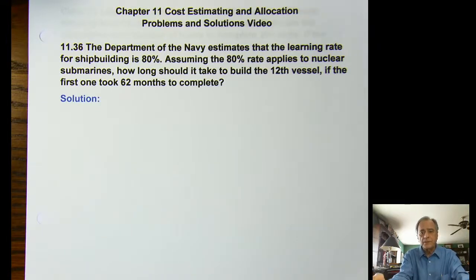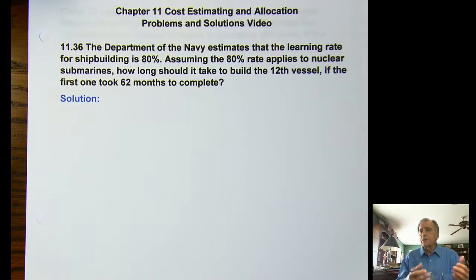One is from the back of the chapter, and the other one is from Lecture 22 notes, or Class 22 notes, where I described learning curves and listed a number of problems of my own design. So this first problem, though, is at the end of the chapter, problem number 11-36.